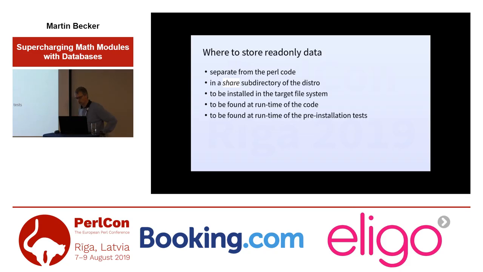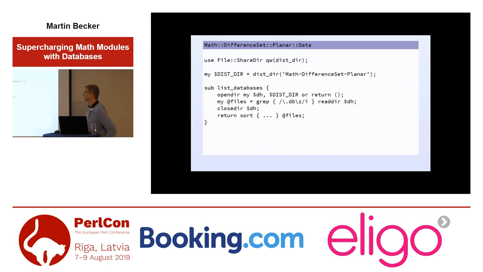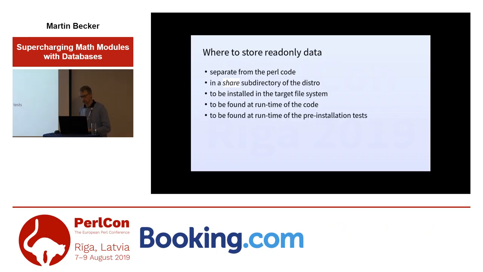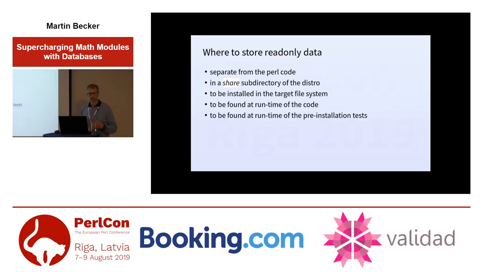What I also wanted to ask here is how can you store that data so that it is not a burden for the administration, so that you find it reliably on all sorts of platforms. And first of all, we want it separate from the Perl code. It's always a good thing to separate read-only data from the Perl code.